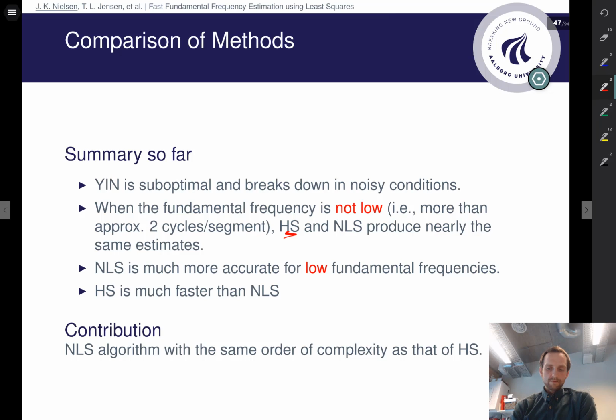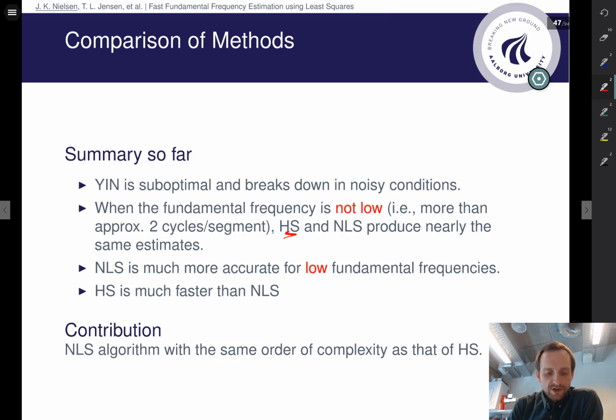If you want a very good time-frequency resolution, so you can analyze very short segments of data, then you should use NLS. You cannot get the same time-frequency resolution using harmonic summation, because you would have to use longer segments so that you are sure that you would have at least 2 periods in your segment. Unless you can go below 1, I would say. So not a lot below 1 cycle per segment, but you could go below 1 and still get good results.